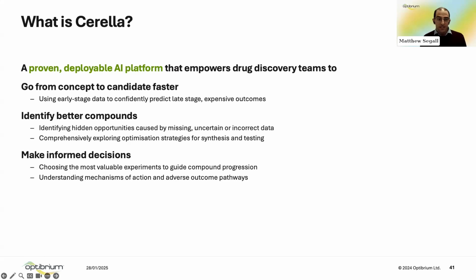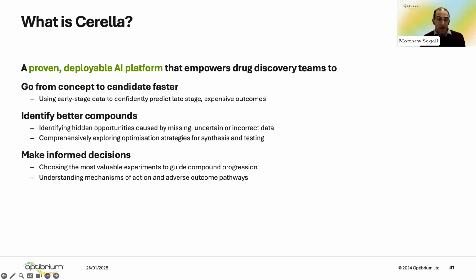So what is it? It's a proven and deployable AI platform that empowers drug discovery teams to do a number of things. To go from concept to candidate faster, as we described, using early stage data to confidently predict late stage expensive outcomes, moving those compounds faster through the process and finding high quality compounds for your candidates.